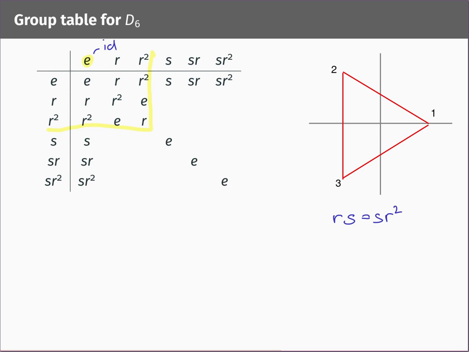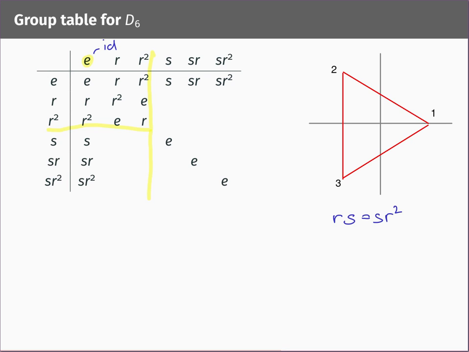So let's look at some other easy parts of this group table. Which other parts can we work out without doing any work? Well, if I look at the bottom left block here, this one is also quite easy to write down in terms of the group elements as we've put them in the rows and columns.